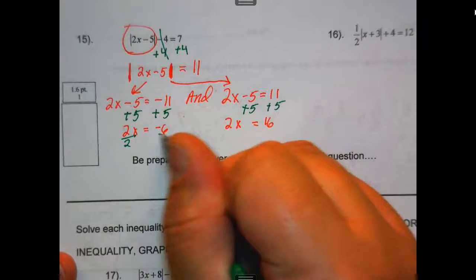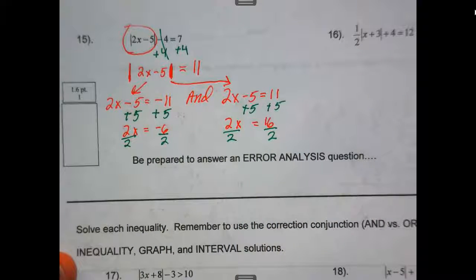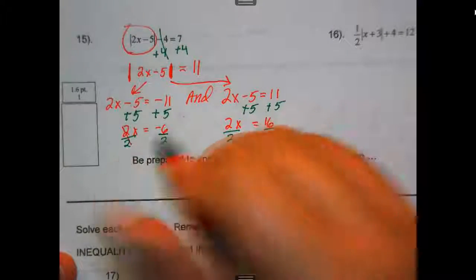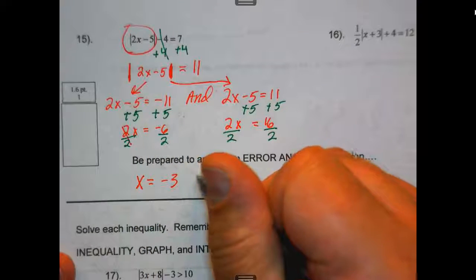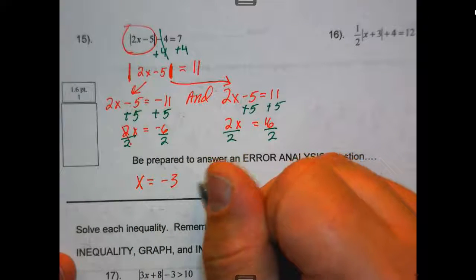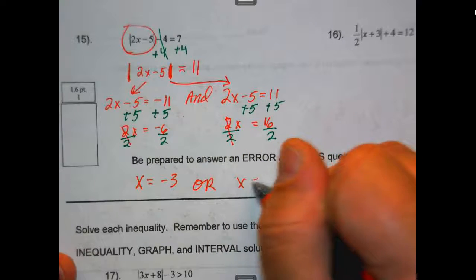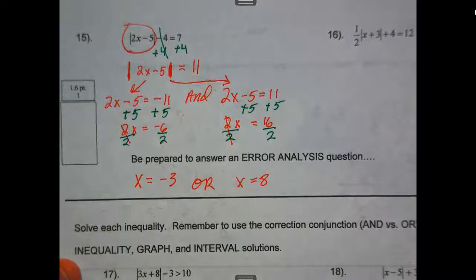Divide by 2. Let's see, I get x equals negative 3. You can use and or, it doesn't matter because it's an equation. X equals 8. Don't have to graph these because these are just points on a number line.